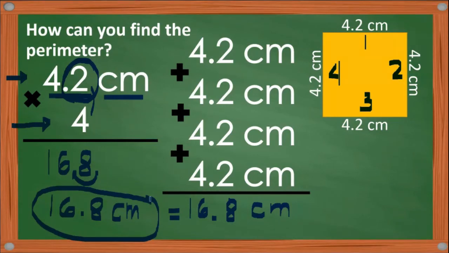Kung ilan ang decimal places, you need to add all of them. Since on our given, we only have 1 because our multiplier 4 doesn't have decimal places. So, 1 lang dyan sa given natin. Kaya, isang movement lang ang ginawa ko. Another example.